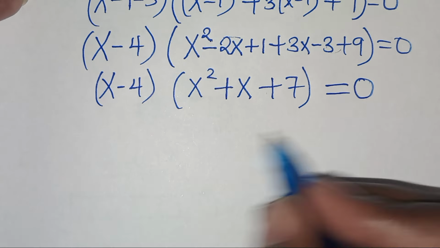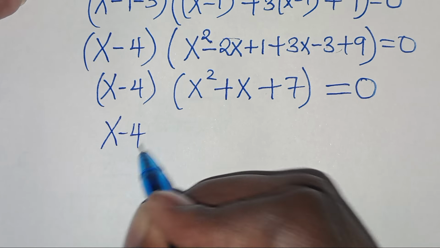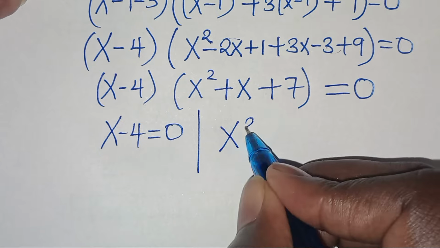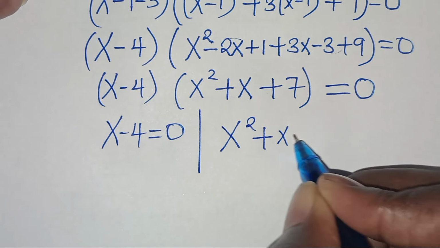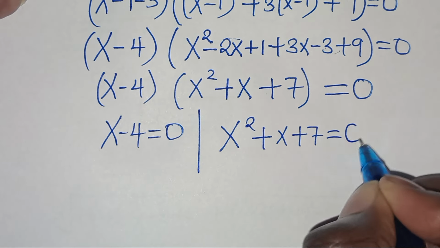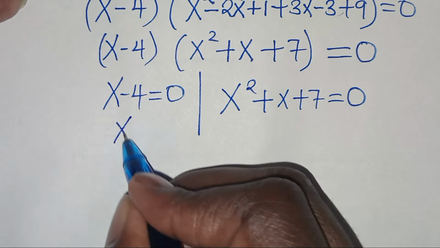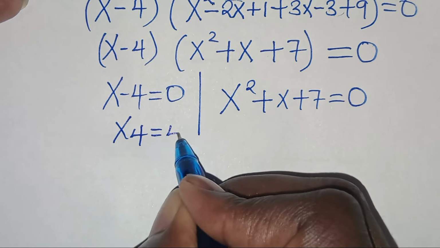So we have got two parts here: x minus 4 equal to 0, and x to the power of 2 plus x plus 7 equal to 0. From the first part, we have that x4 is equal to 4.